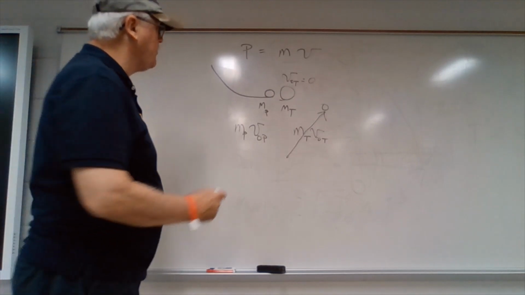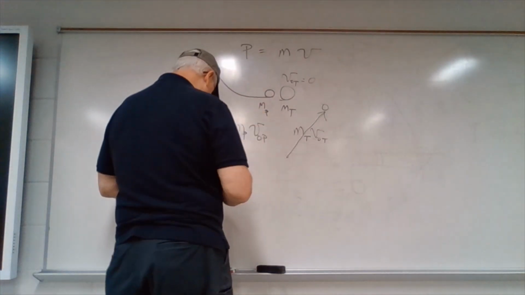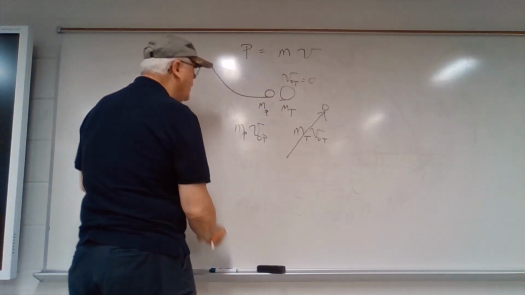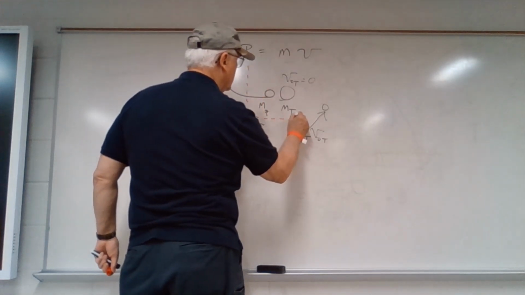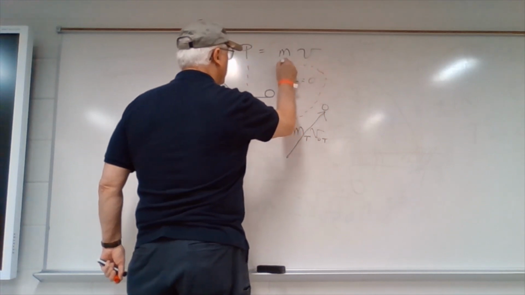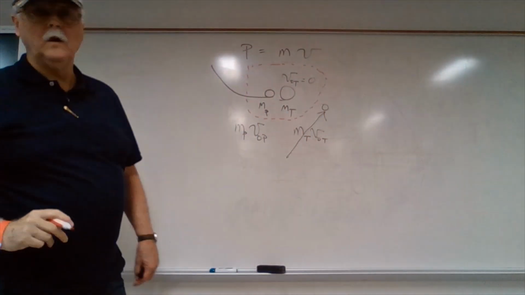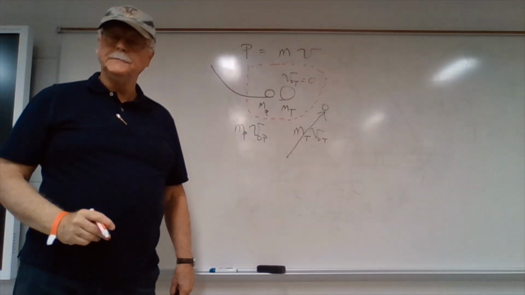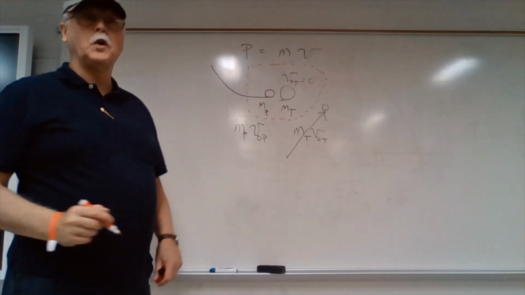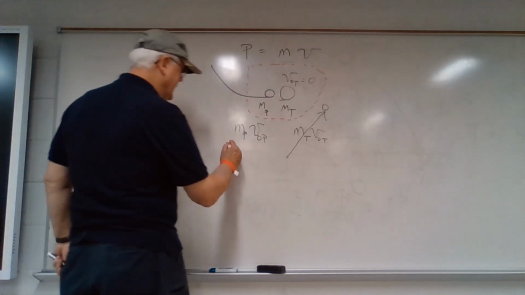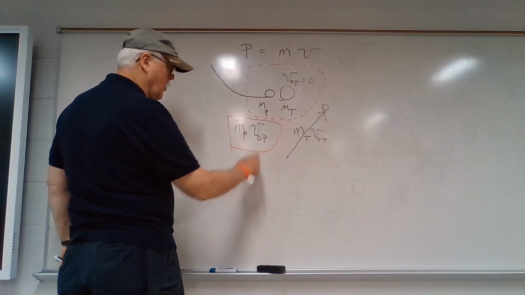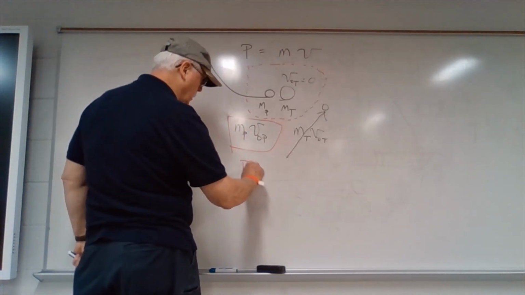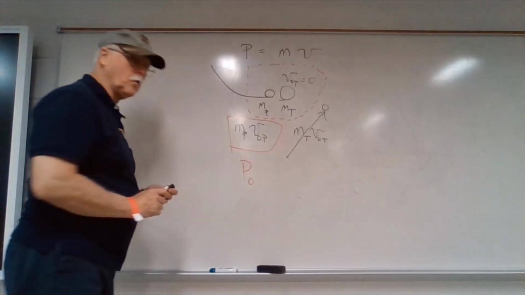If my system is defined as those two spheres colliding, then the sum total of the momentum of the system is that. Notice I have a 0 because that's the initial momentum. So that's P0 of the system.